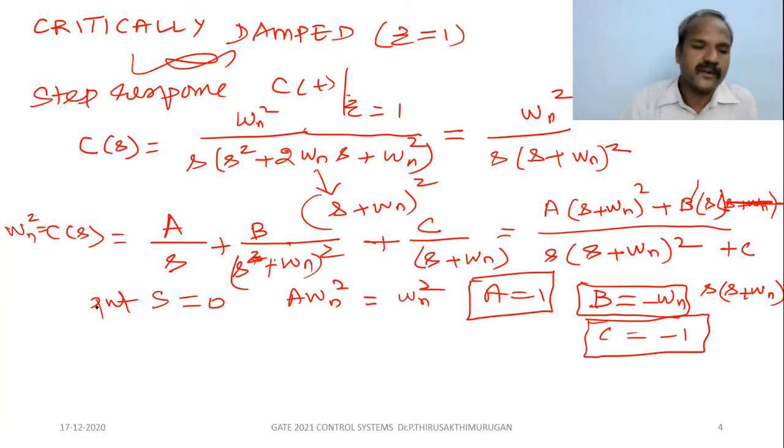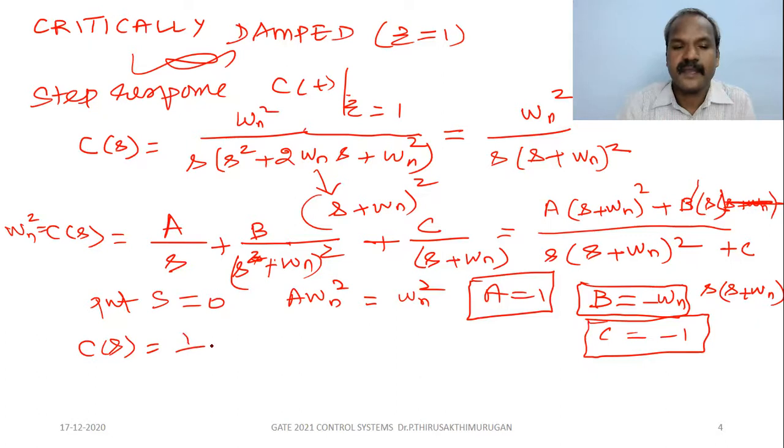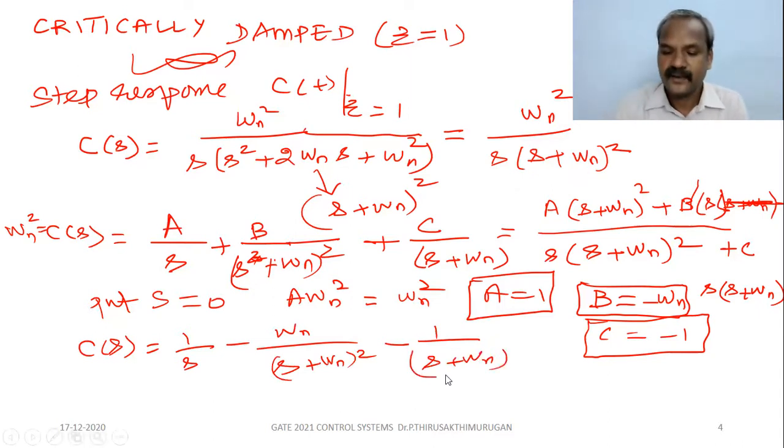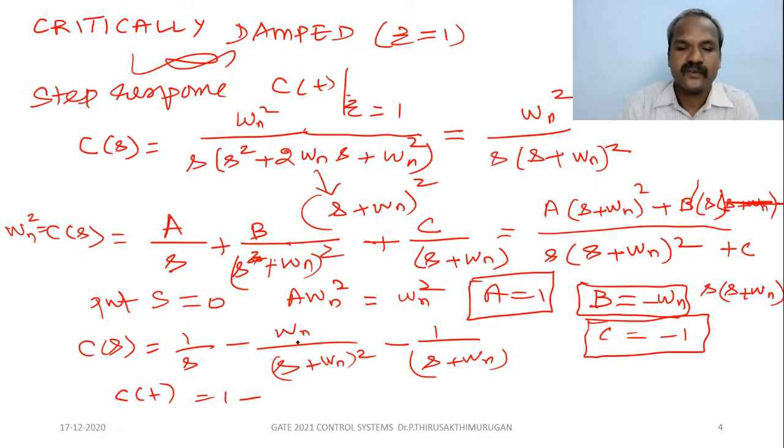So what we get finally is C of s equal to 1 by s minus omega n divided by s plus omega n the whole square minus 1 by s plus omega n. Am I right, my dear friends? If we apply Laplace inverse, it becomes c of t equal to 1 minus. The numerator is omega n, the denominator is s plus omega n the whole square.